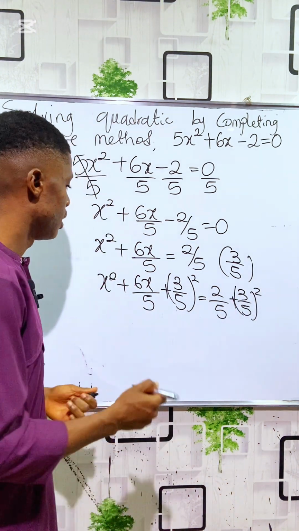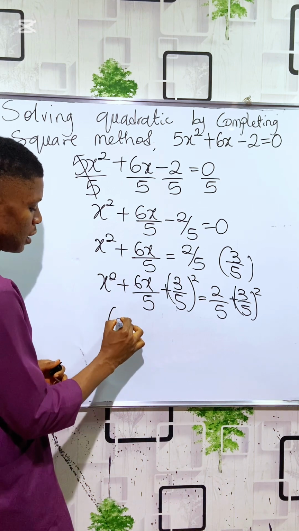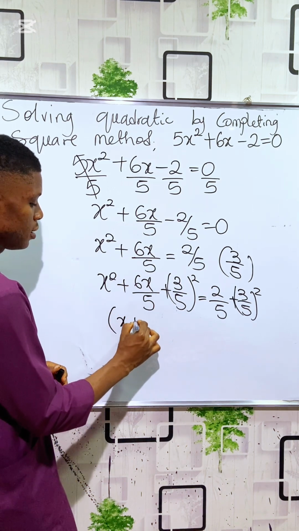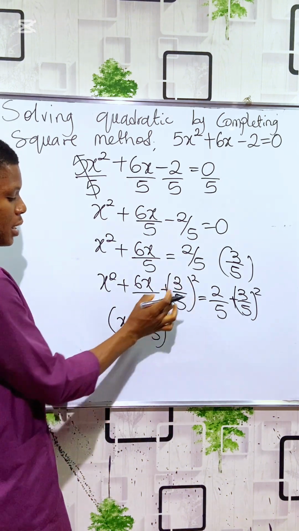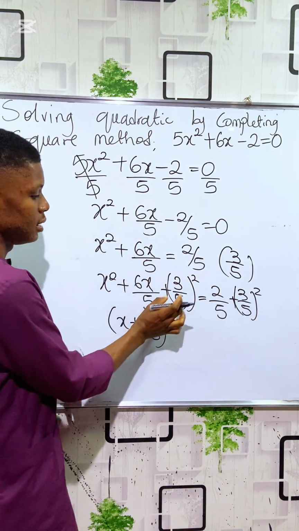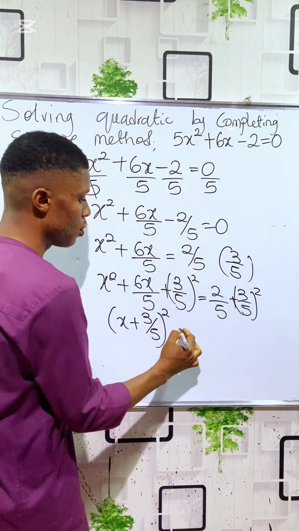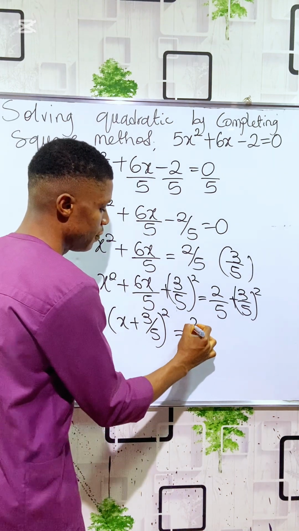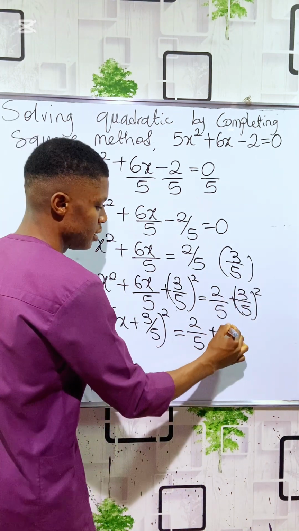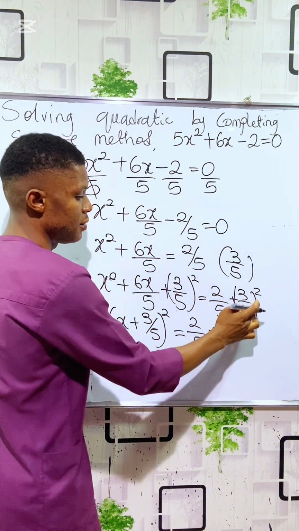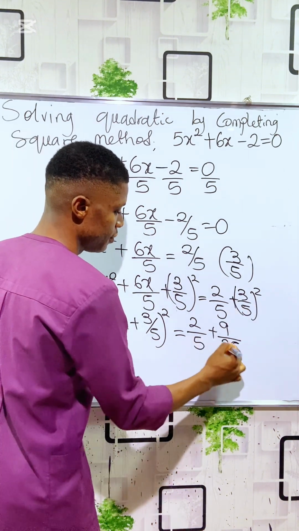This side is now a perfect quadratic. We pick it as x plus 3 over 5 all squared, picking the first term and the last term. And it equals, let's look at this, 2 over 5 plus 3 squared is 9 over 5 squared is 25.